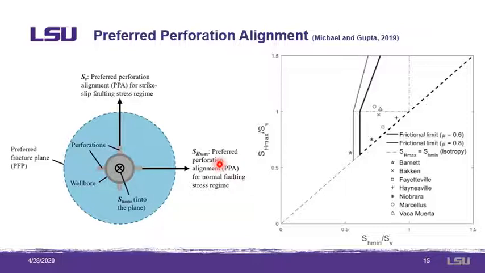In our papers, we call the perforation direction in which the breakdown pressure window is maximized the preferred perforation alignment, or PPA. PPA solely depends on the in situ stress regime local to the well in question.